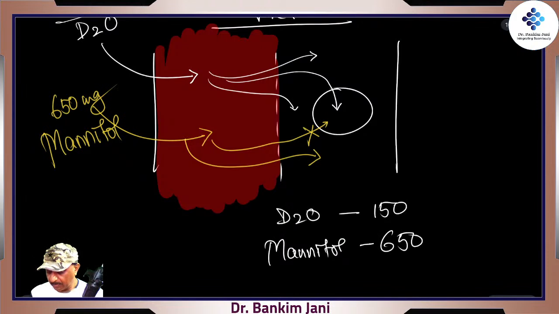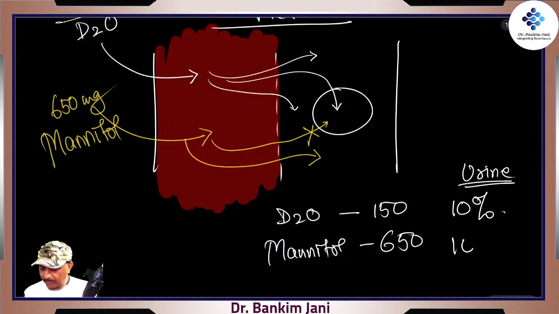Okay? Let's proceed. So from this point onwards, D2O, the total is 150, and our mannitol is say 650. We measure the urine after some time, after about 2 hours. In the urine, how much D2O has been excreted? Because it is going everywhere, it will also be going into the kidneys, and the kidney will filter it, so it will be excreted into the urine. For our convenience, just for understanding, let's say 10% of both is excreted into the urine.